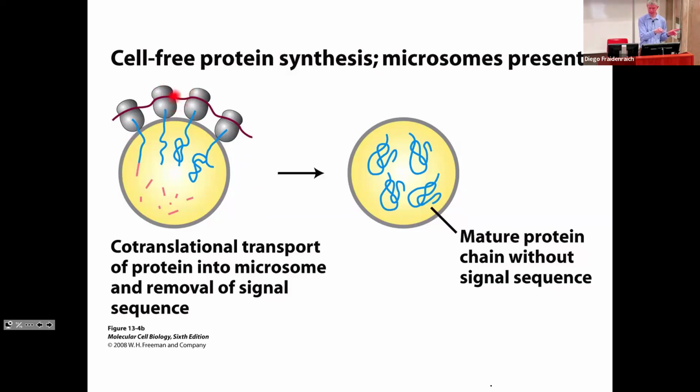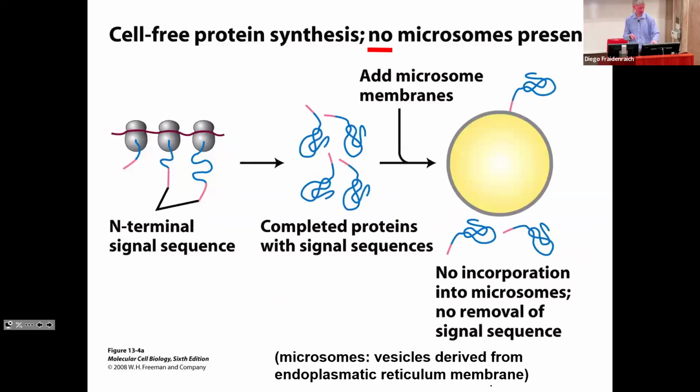So in this case, we have the microsomes plus the ribosomes all in the same tube. And now we can see protein is translated and translocated at the same time successfully into the microsomes. So the conclusion of this, you need both ribosomes and the microsomes in the same environment. In the same tube, you cannot separate this like before on the slide.